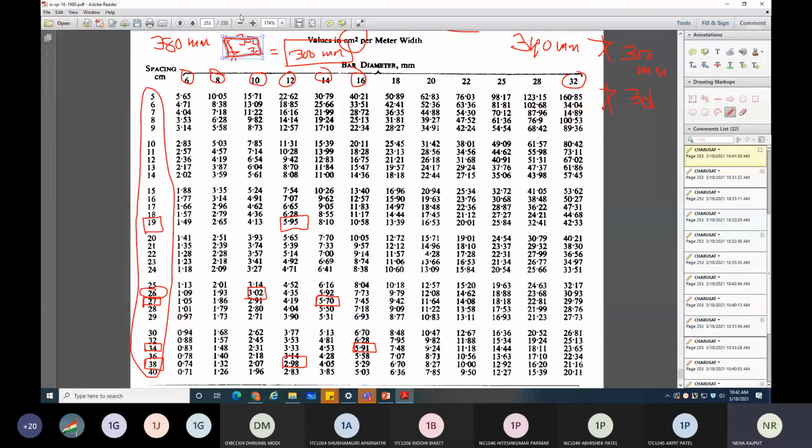So here for 12 mm diameter you need to restrict your spacing to 300 mm. So this is also applicable. This also you can do. If you want to take 12 mm diameter, then you just restrict your spacing, right? So here we'll do the same thing. We'll take 12 mm diameter, but the spacing will be 300, not 380, right?